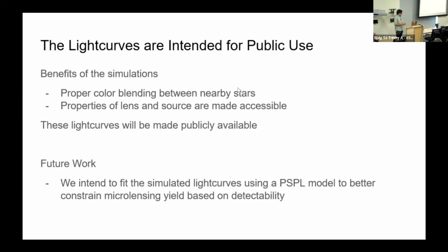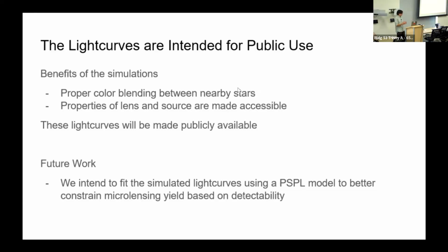The other thing is that we have the actual properties of the lenses and sources for each microlensing event, and these will also be made available. Some of the future work that I intend to do is fit the microlensing light curves with a PSPL model.